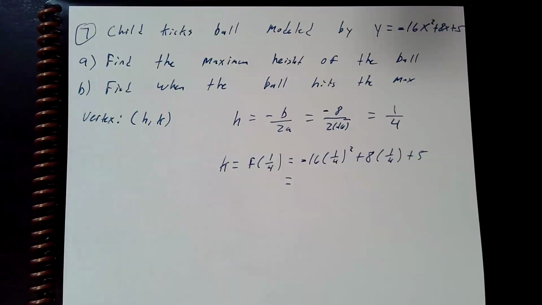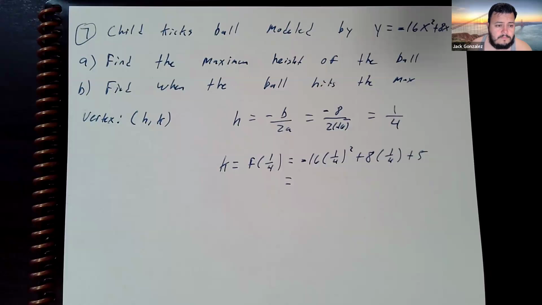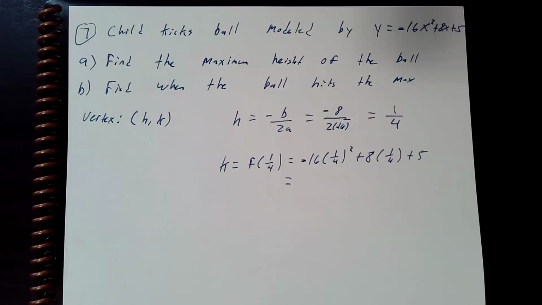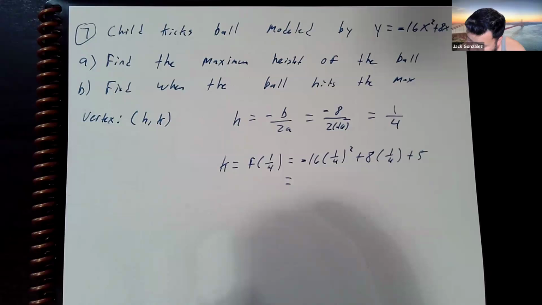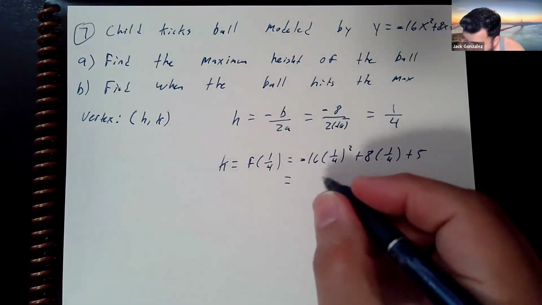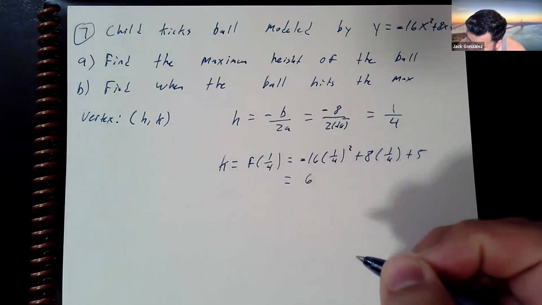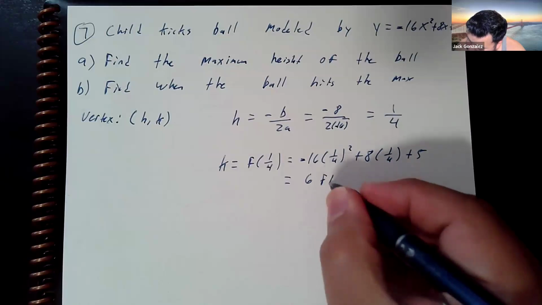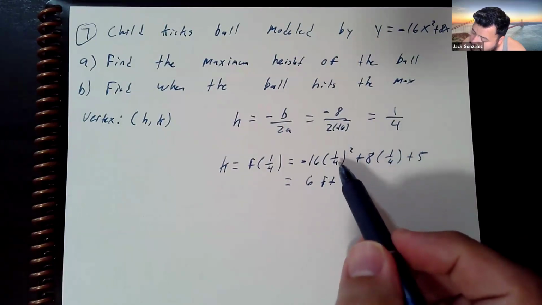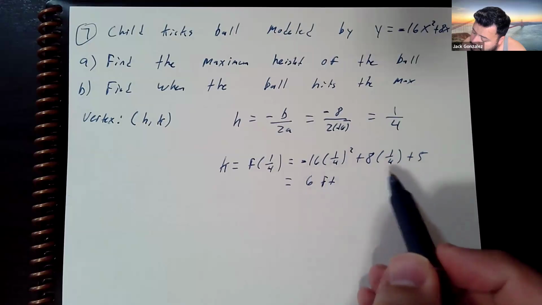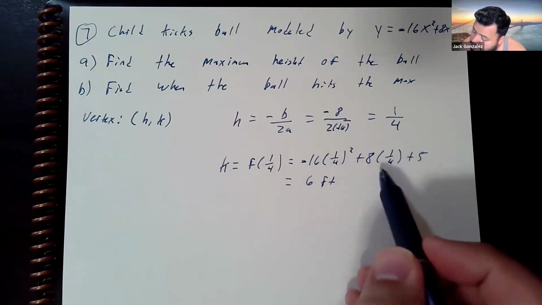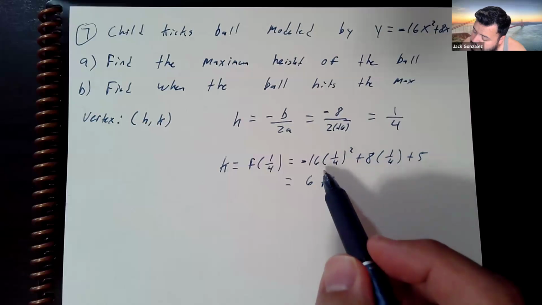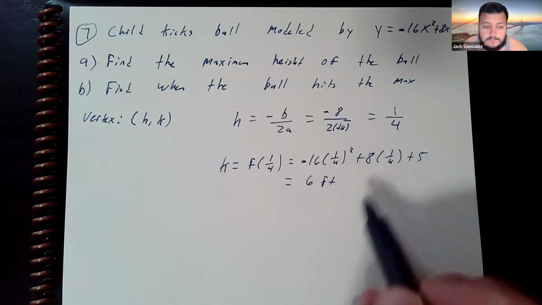Well, actually, I could just hit solve, I guess. So this would be 6 feet. Negative 1 plus 2 minus 1 plus 5, 6. Yeah.